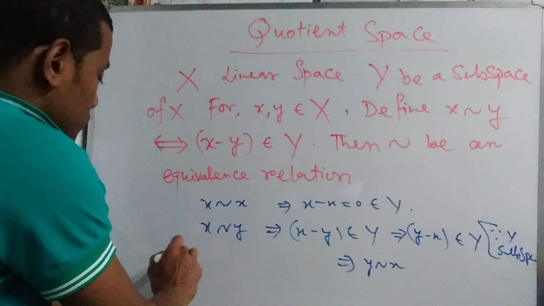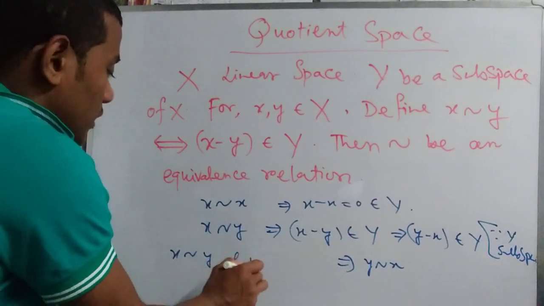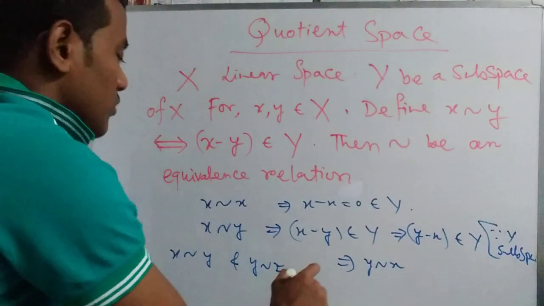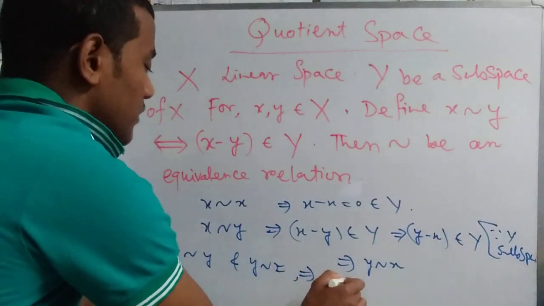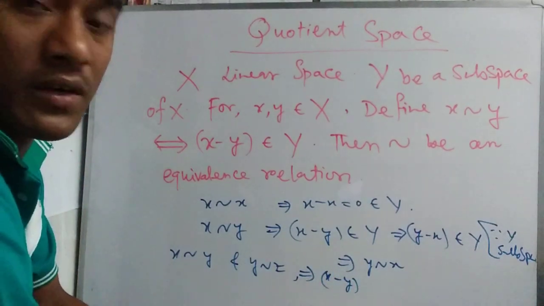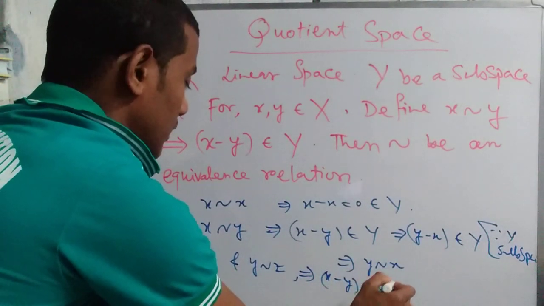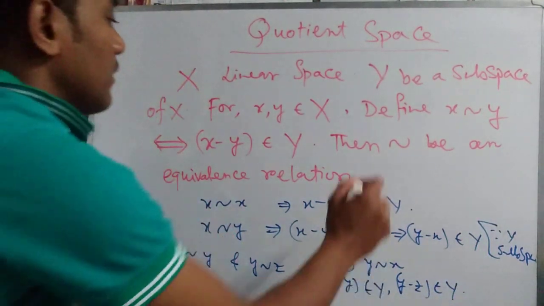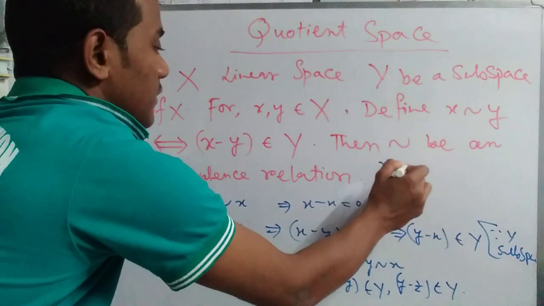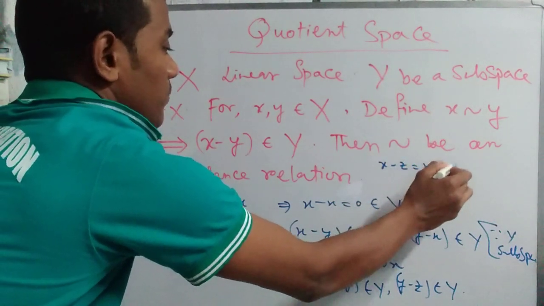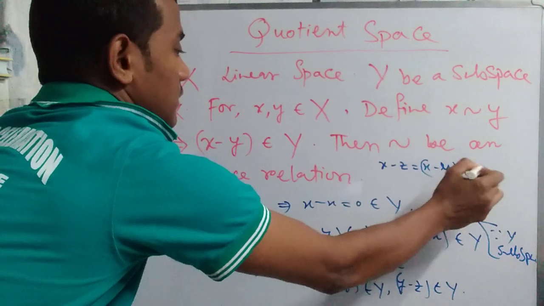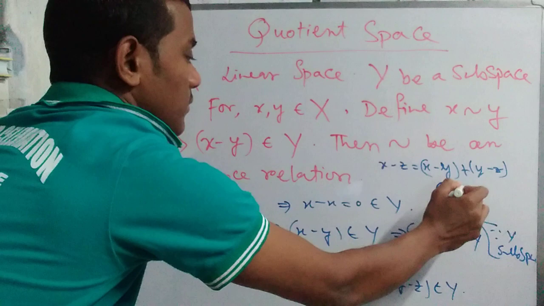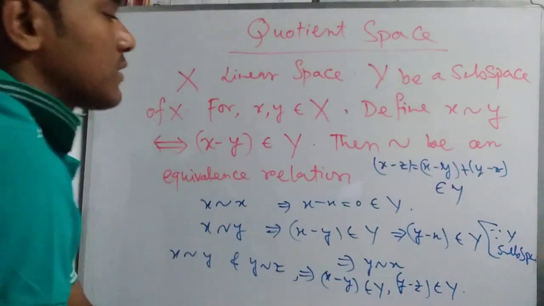Next we talk about transitivity: x related to y and y related to z. If x, y, z belong to X, this implies that x minus y belongs to Y and y minus z belongs to Y. So we write x minus z equal to x minus y plus y minus z. These two belong to Y, so this obviously belongs to Y, since Y is a subspace.